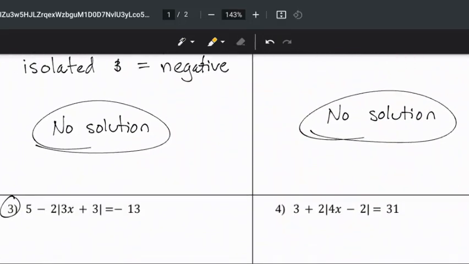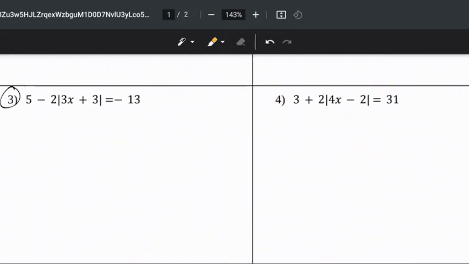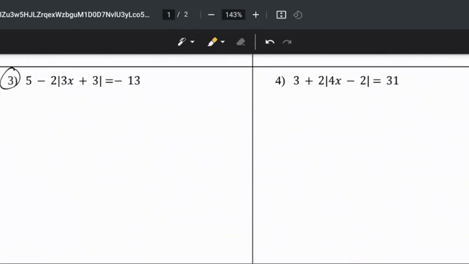All right, let's take a look at number 3. A little bit more for us to do. We see that it equals a negative number right away, but we cannot make that decision until the absolute value has been isolated. So we need to subtract 5 from both sides.